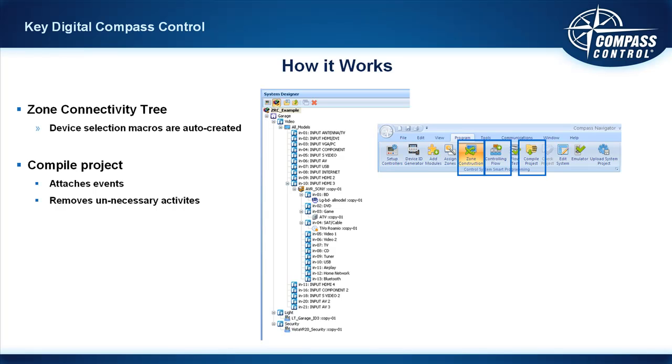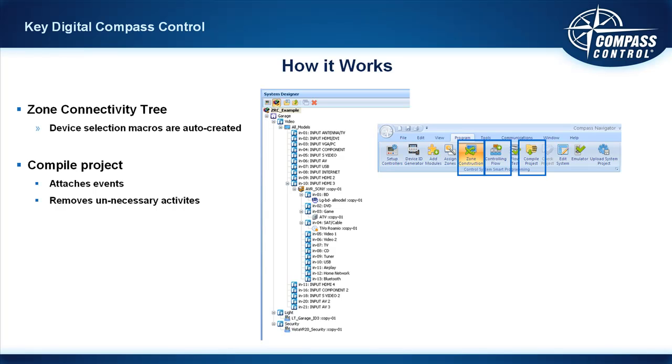So that's one thing you'll see that is going to be a little different from the Zigbee remote control, as far as in order to get that bidirectional communication from that Lutron device in the system. And then finally we have security as well, which is where our Vista 20 panel comes into play.